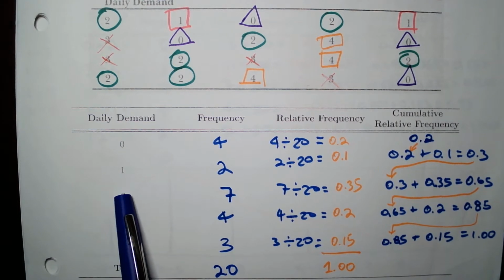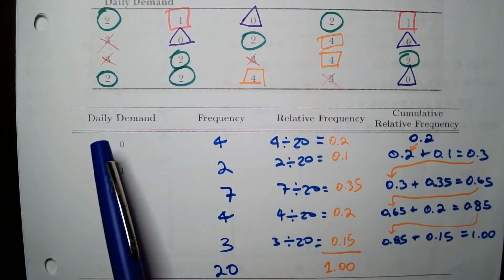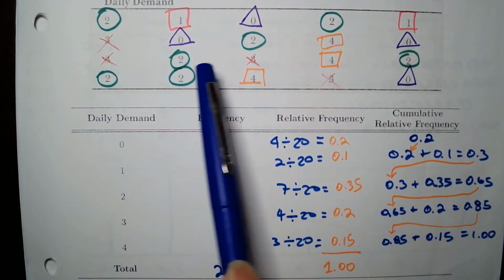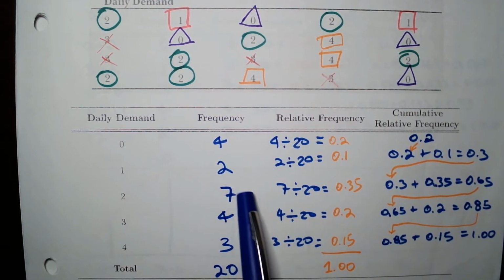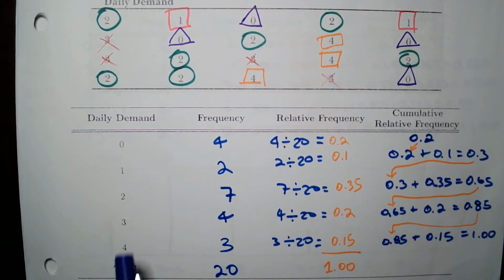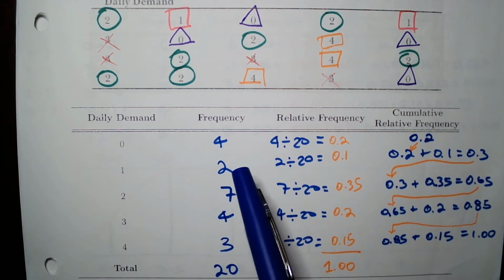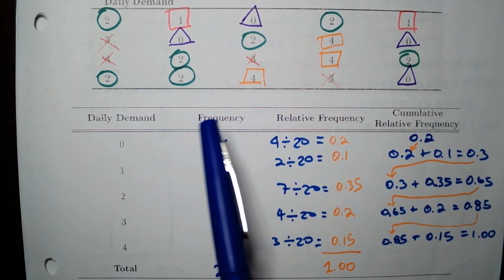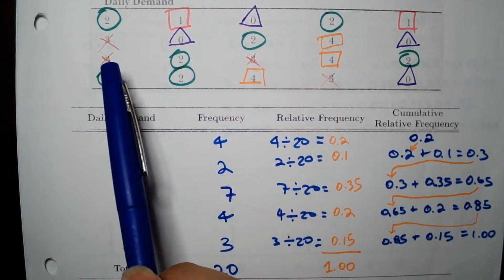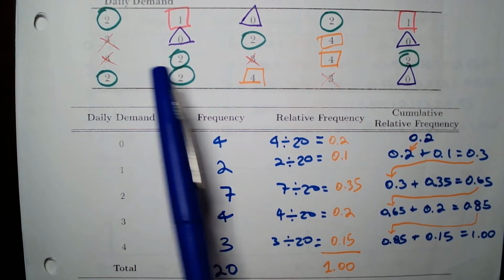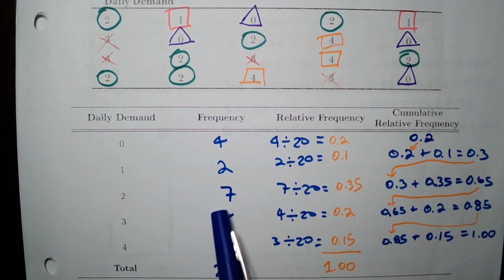How many twos? The twos are in green circles, so that's 1, 2, 3, 4, 5, 6, 7. Write down that 7. How many threes? We have 4 threes, which are tallied with red X's. So we have 1, 2, 3, and 4. List them here. And finally, how many fours do we have?